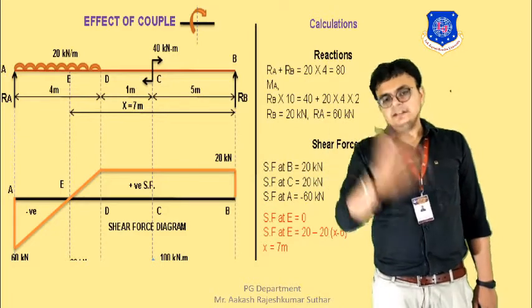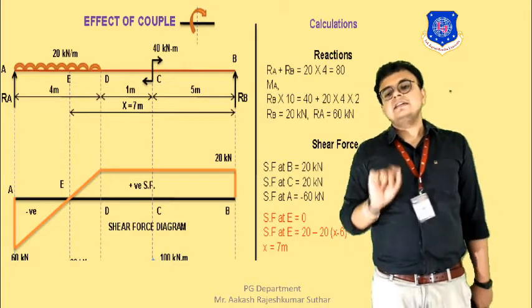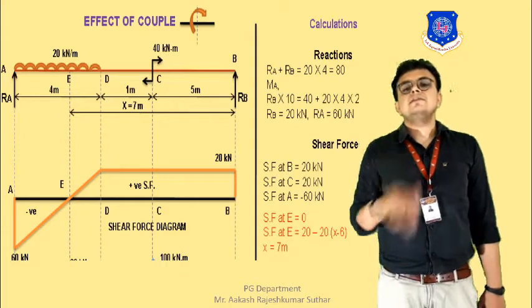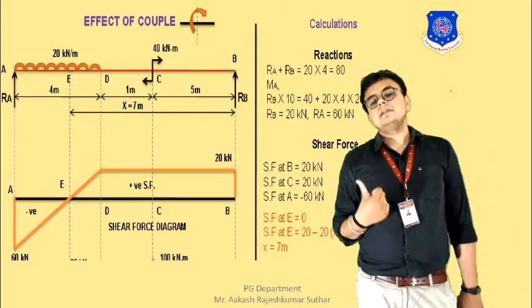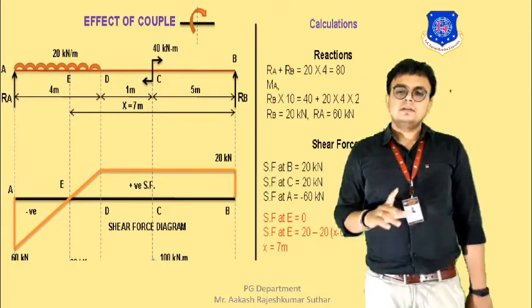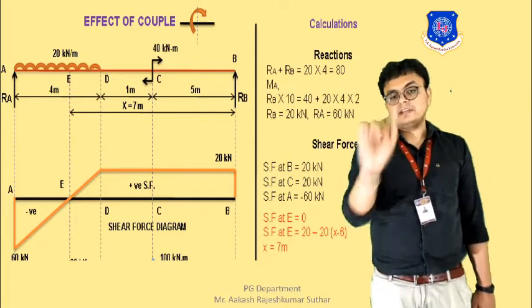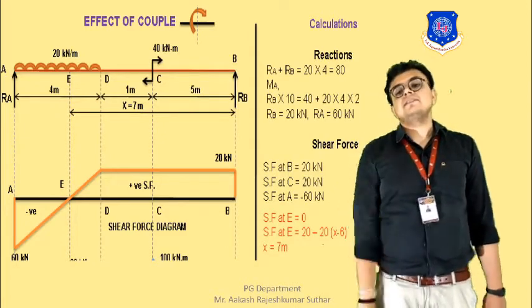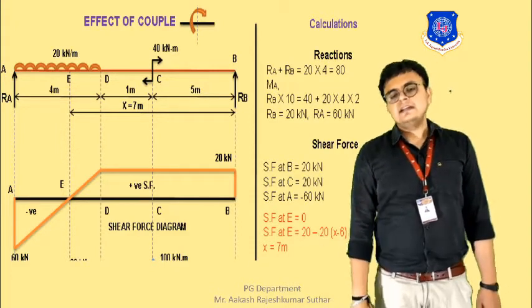So taking the moment from the right hand side, we are getting the distance 7 meter from the B, which says that at 7 meter from the B there is the shear. And from this, the idea has come to your mind that at this particular 7 meter from the B, there will be a maximum bending. Okay. So let's find the bending moments.